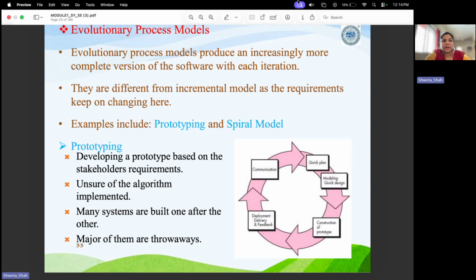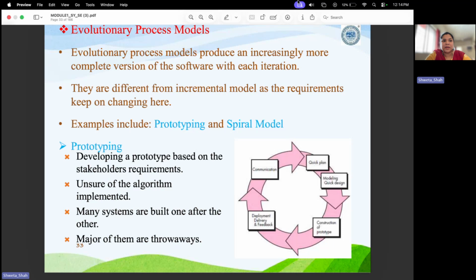In prototyping, we develop a prototype based on the stakeholders' requirements. A prototype is a kind of product that in an early phase we show to the stakeholders or clients for their approval. If they want some updates in the prototype, we can do the updates as an incremental prototype model.